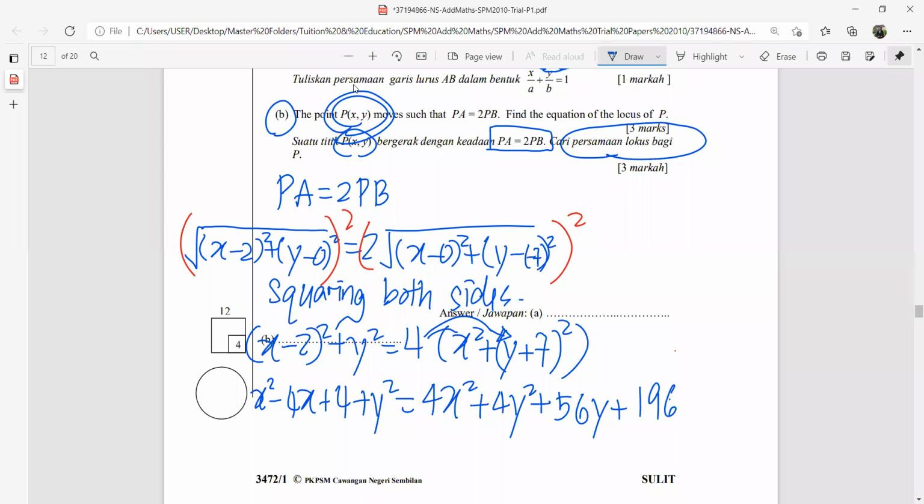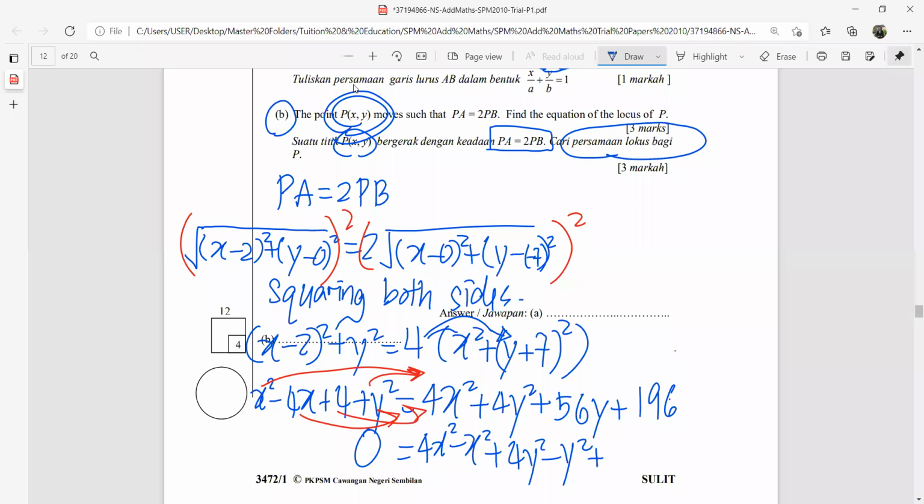Straight away open the bracket. And I just need to do what? So 4x squared minus x squared, 4y squared minus y squared, because I saw the x squared here, right? All bring to the right hand side, because you have to rearrange until 0.